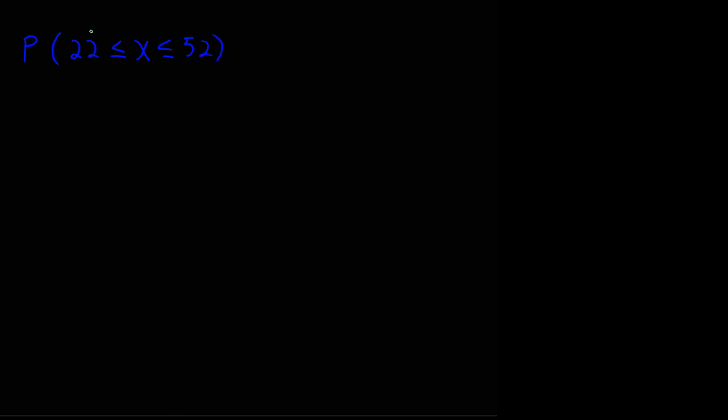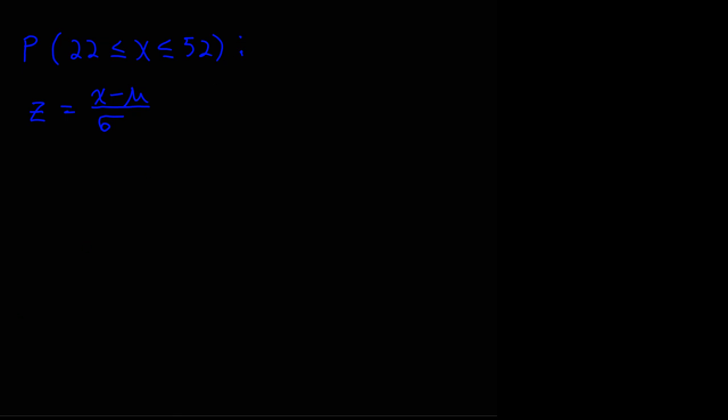To do that, I need to find the z-score for 22 and the z-score for 52. My z-score is my x value minus my mean, over my standard deviation. This is the probability we're hunting.